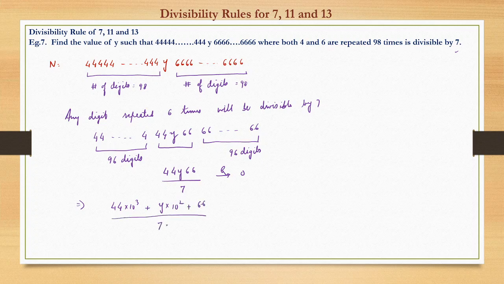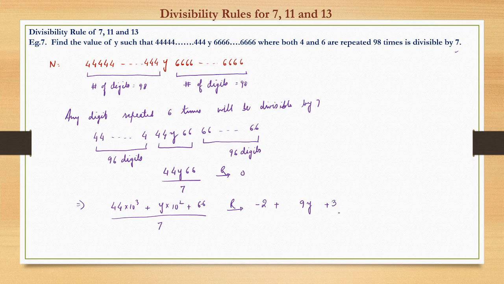The remainder should be 0, implying 44 I can write as 2 into, and this gives minus 1. So this becomes minus 2 plus, here 100 upon 7 is 7 30 and 91. So 9y, and 66 gives plus 3 as remainder, right?